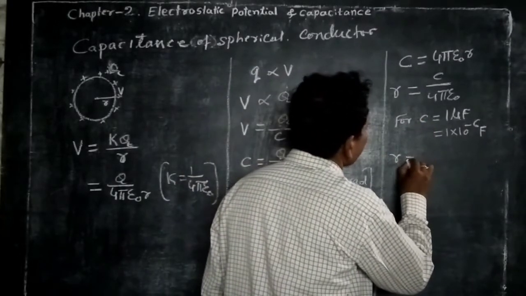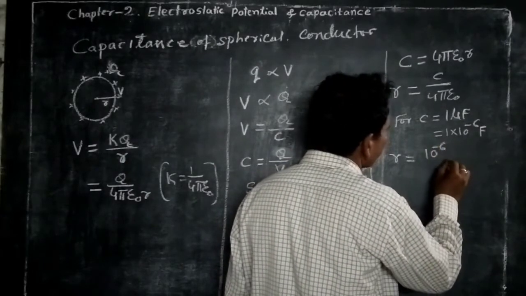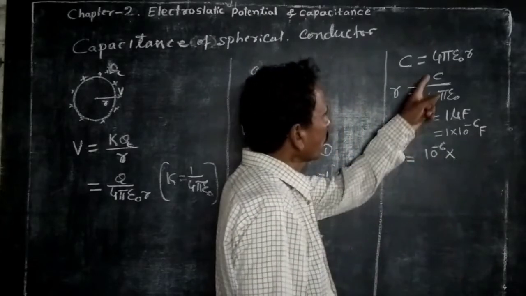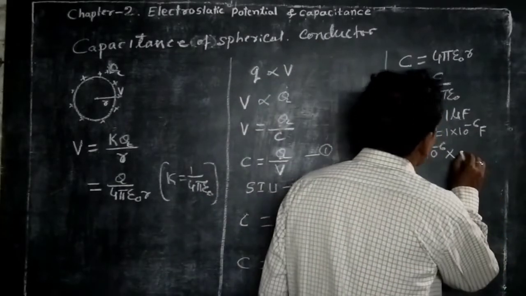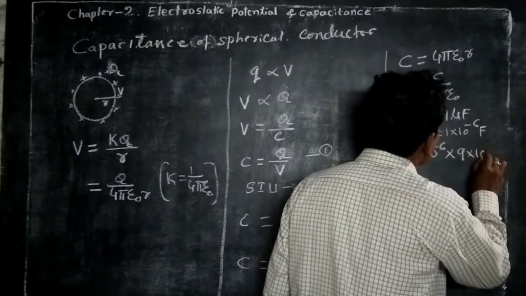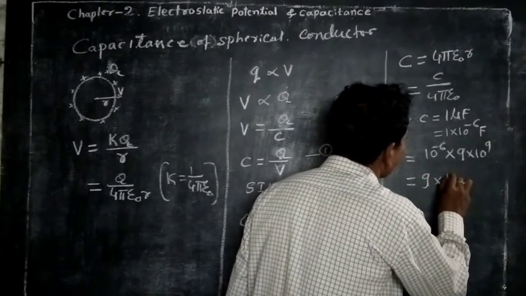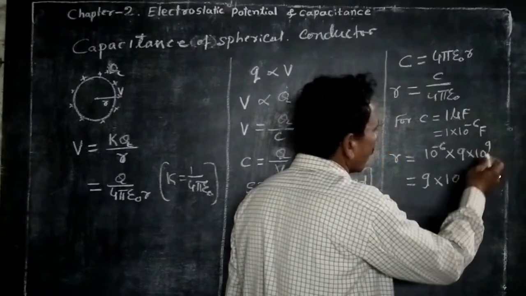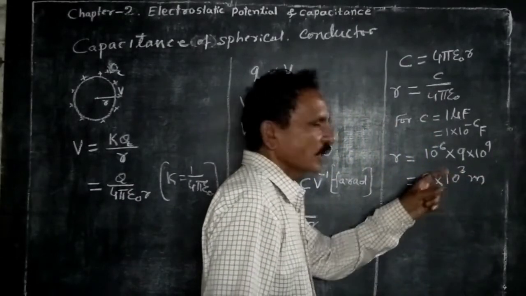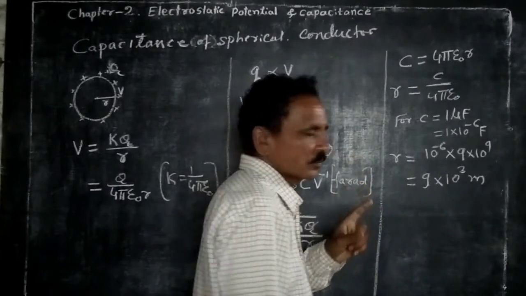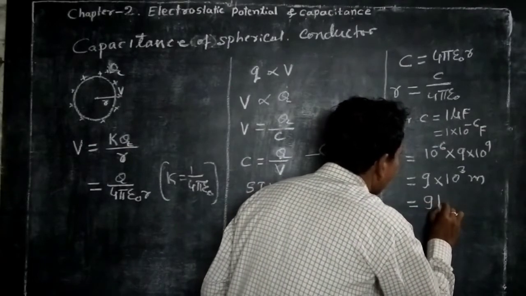R equals 10 raised to minus 6 into 1 upon 4 pi epsilon naught, which is equal to 9 into 10 raised to 9. That is equal to 9 into 10 to the power plus 9 minus 6, that is 9 into 10 raised to 3 meter. And 10 raised to 3 is equal to kilo, 1000, that is 1 kilo, hence 9 kilometer.